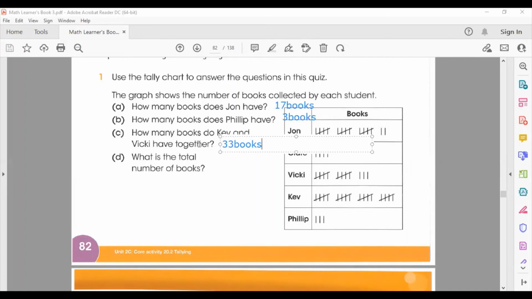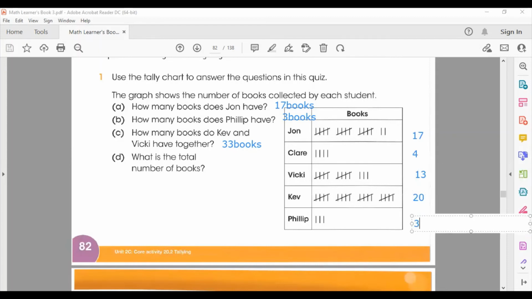After this, what is the total number of books? So we can calculate it. First we need to write outside separately. John, he has 17. Clive, he has 4. Vicky 13. Kev 20 and Phillips 3.